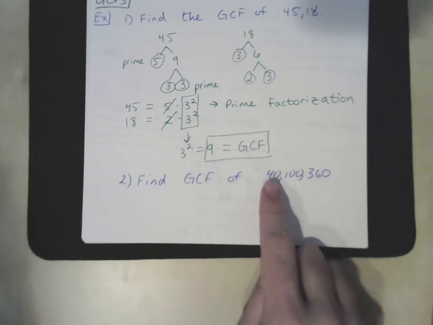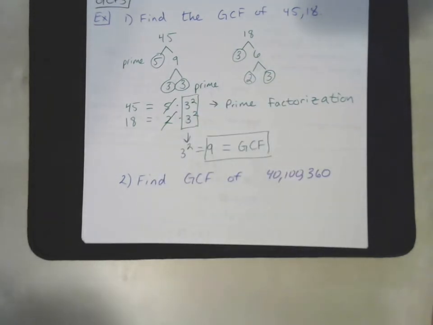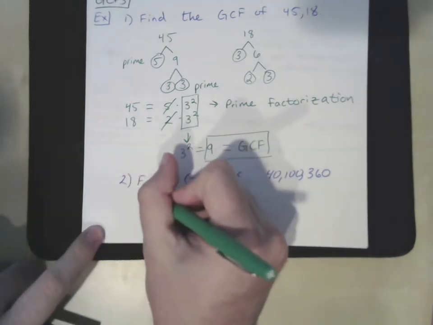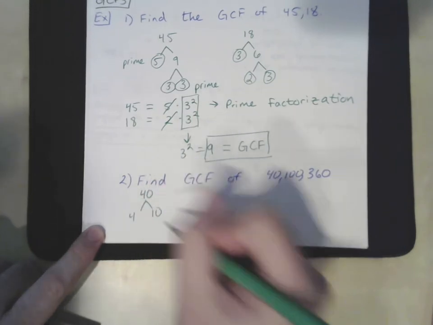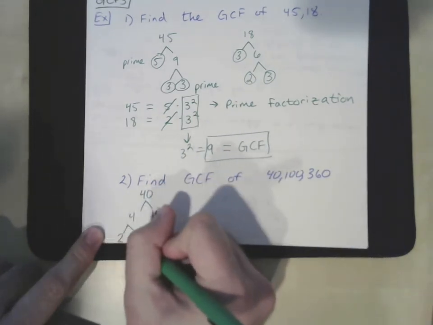So you want to start with your smallest number, which I didn't do before, and see if you can figure it out from there. So 40 we know splits into 4 and 10. 10 splits into 2 and 2.